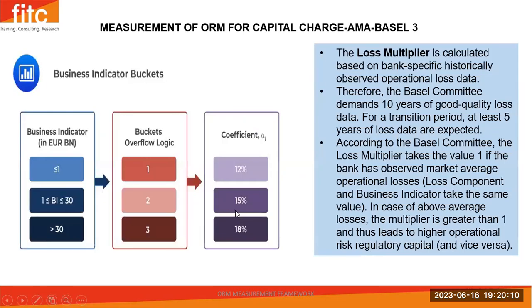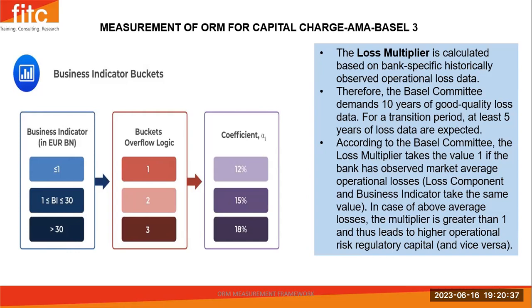Now, the loss multiplier is calculated based on bank-specific historical observed operational loss data over a 10-year period. Where the loss component equals the business indicator component, the loss multiplier takes the value of 1.